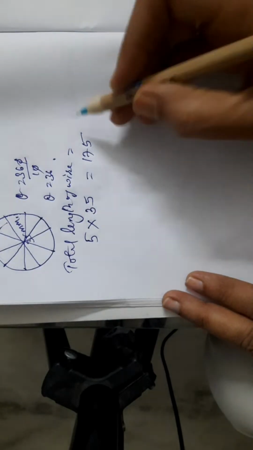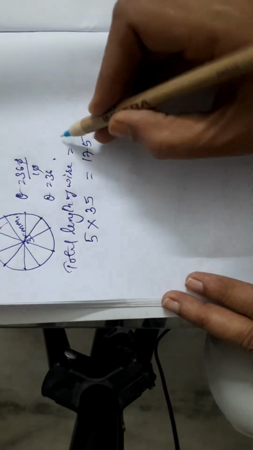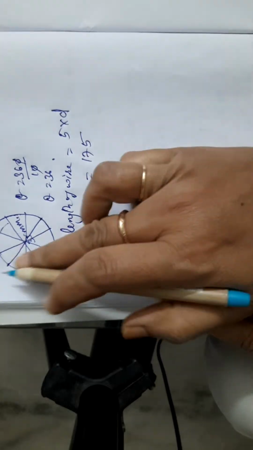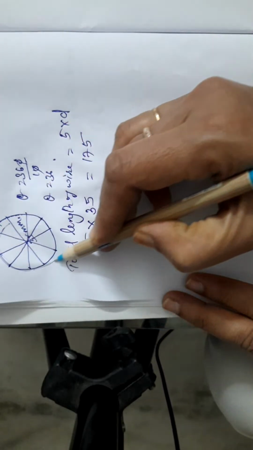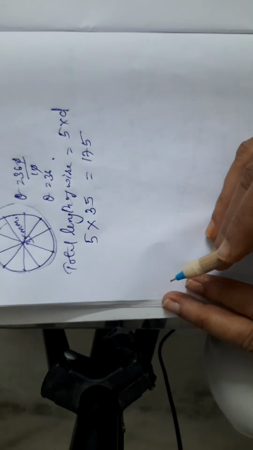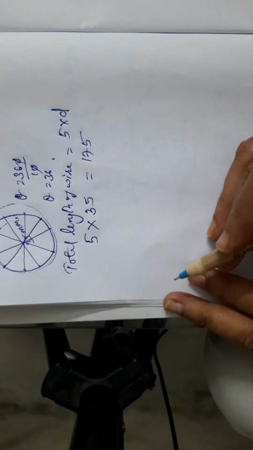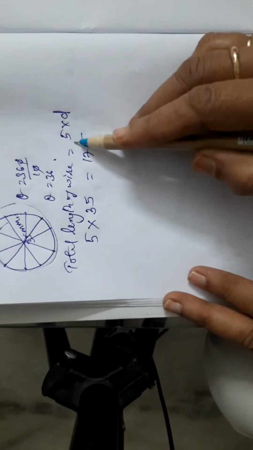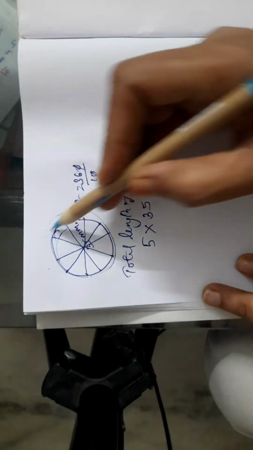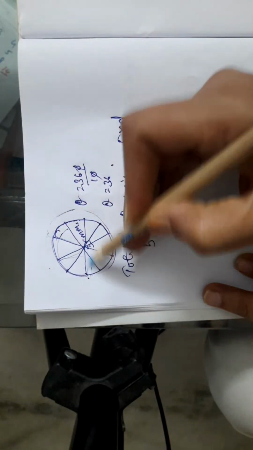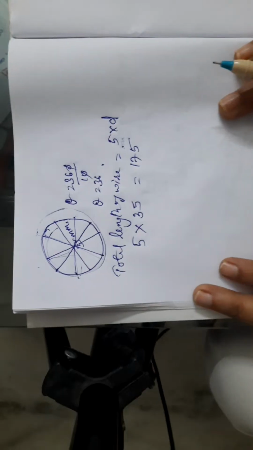You need to multiply the diameter by 5 as there are 5 diameters being made, plus 1 circumference.